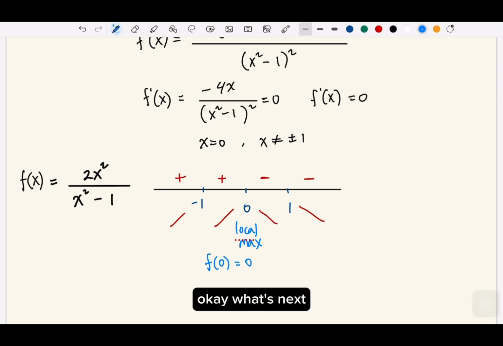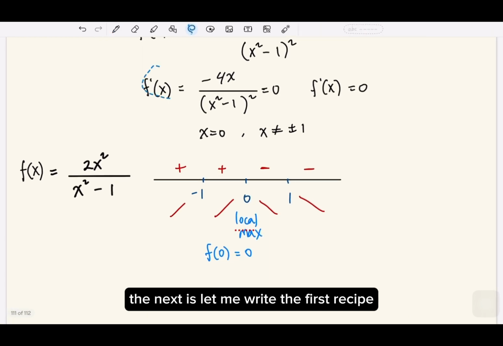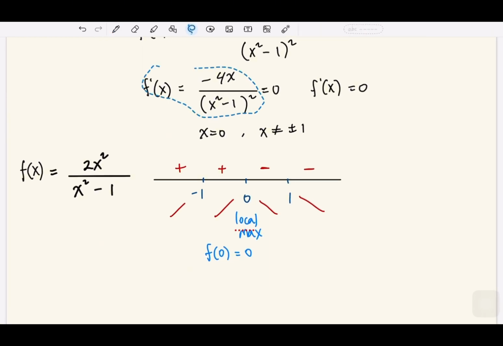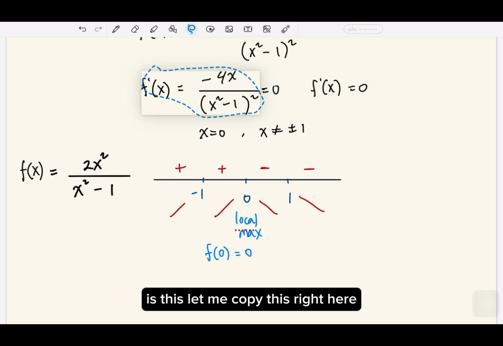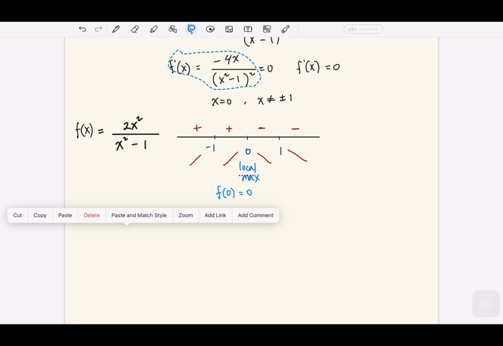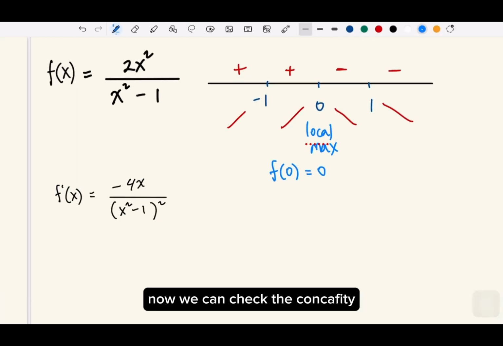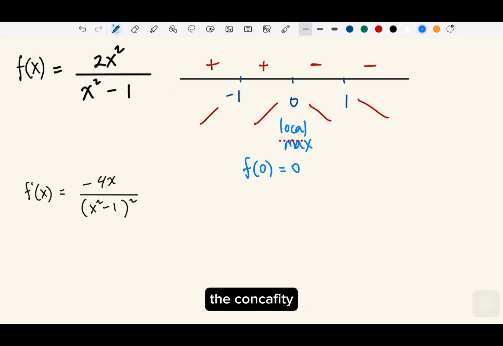Okay, what's next? The next is, let me write the first derivative is this. Let me copy this right here. Now we can check the concavity. Okay, the concavity.